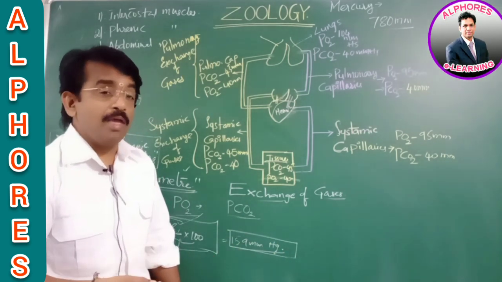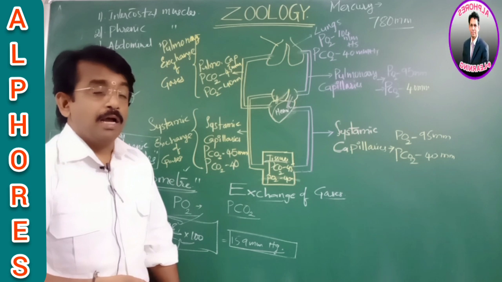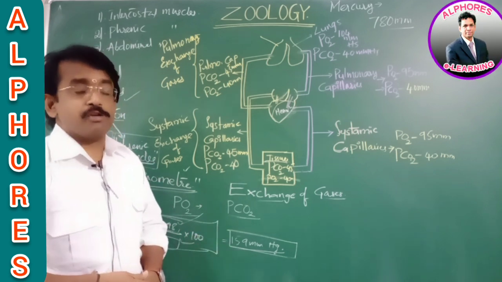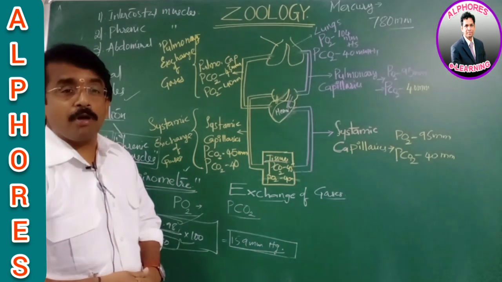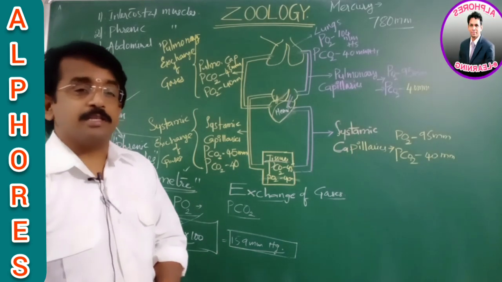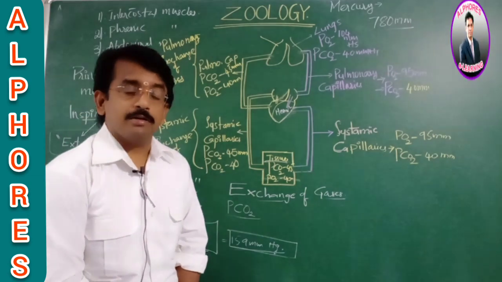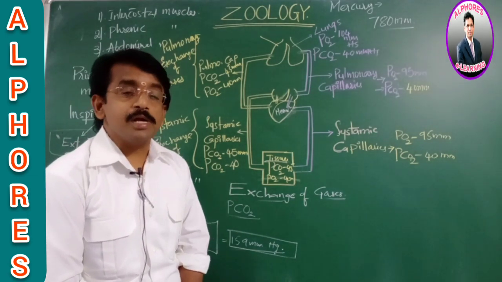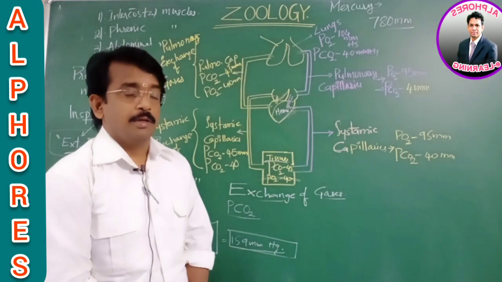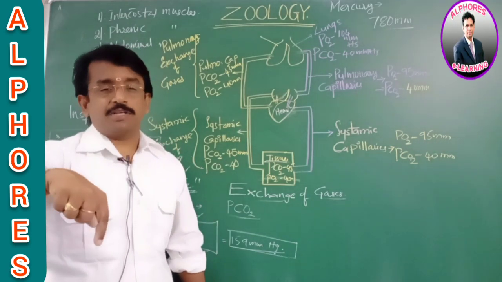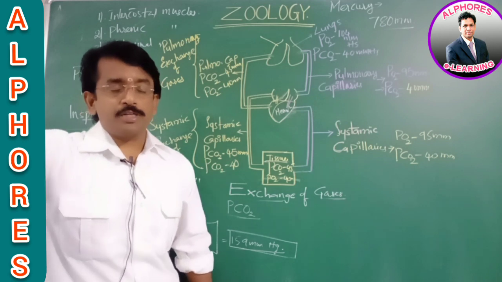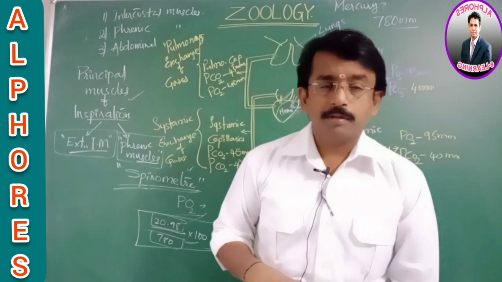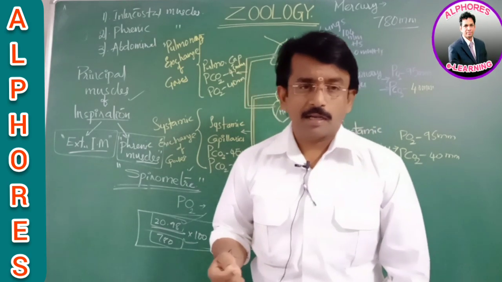In the same way, the alveolar partial pressure of oxygen is 104 mmHg. In the oxygenated blood it is 95 mmHg, whereas at the tissues it is 40 mmHg. In the same way, the carbon dioxide partial pressure at the tissues is 45 or 46 mmHg, a slight difference.